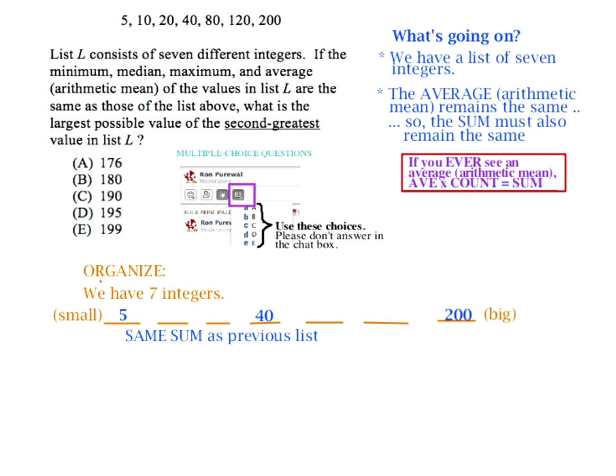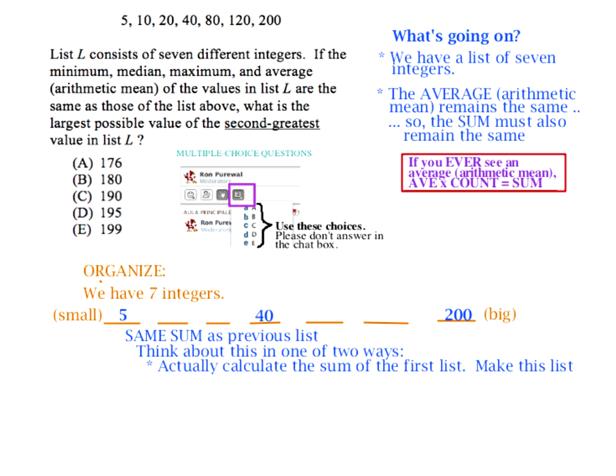The first way is simpler but more work, which is you can actually calculate the sum of the first list and then make this list have that same sum. I don't like doing that much work because, let's be serious, I don't really like doing work. So that's not what I want to do.